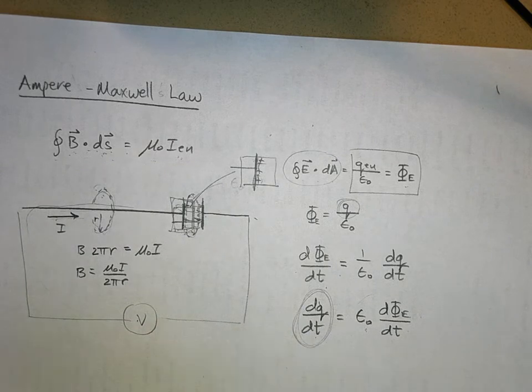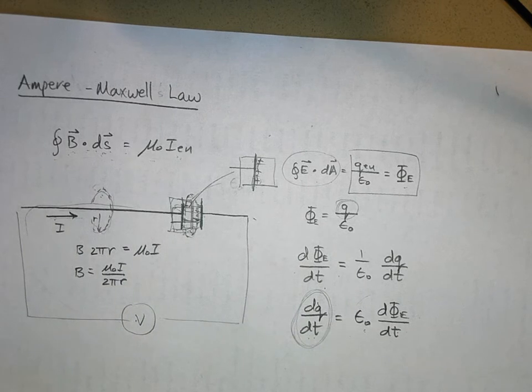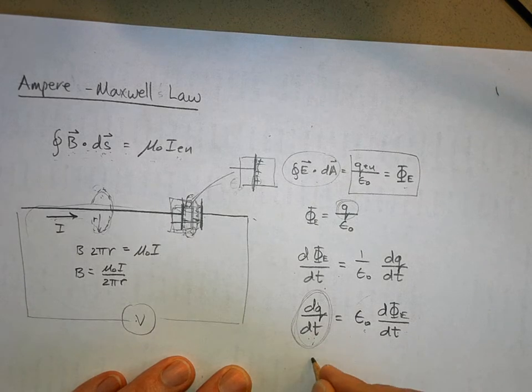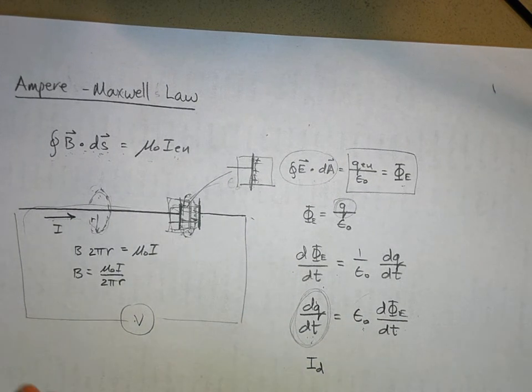It just makes the units work out. It's just a constant in nature, right? This relates current to electric flux, or charge to electric flux. So we call this, well, the book will call it I sub d, which has the unfortunate name, and I don't really know where it comes from.